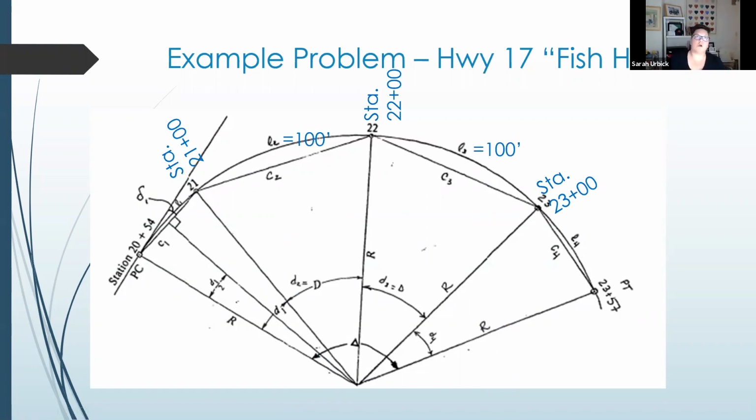Roadways and highways typically use the arc basis. So we're going to say that our arc length is 100 feet. Our chord length is going to then vary. It's going to be a little bit shorter than our arc length. Railways tend to go the other way.